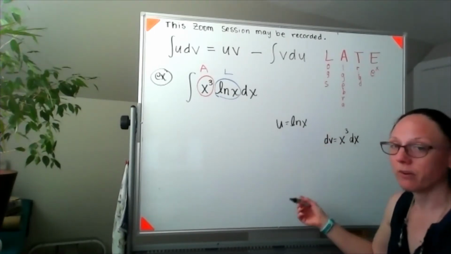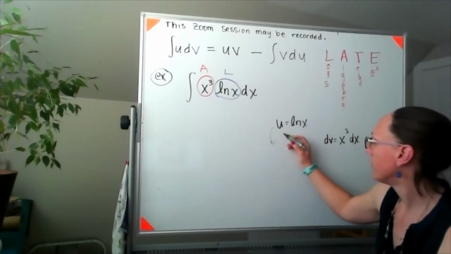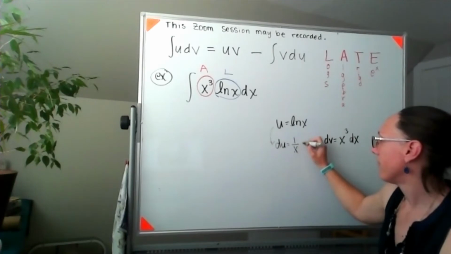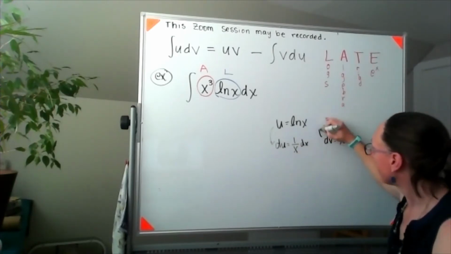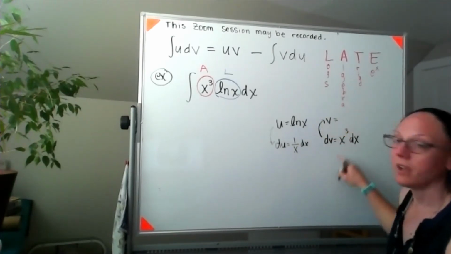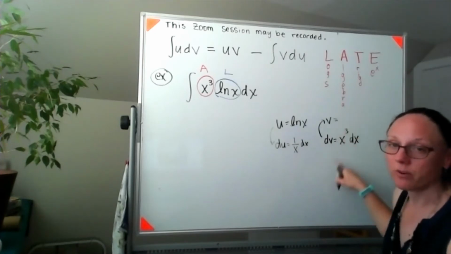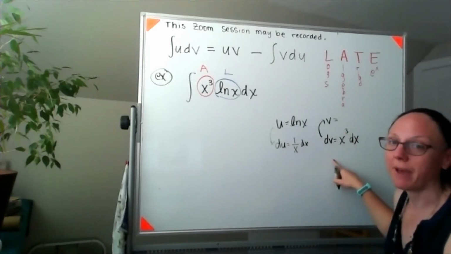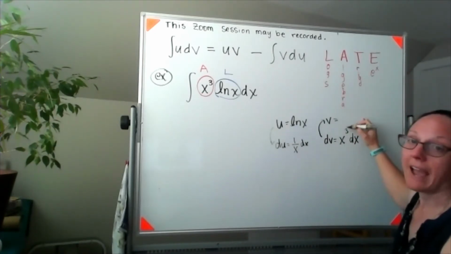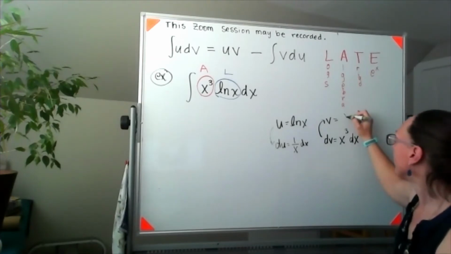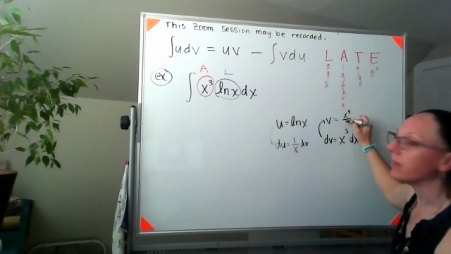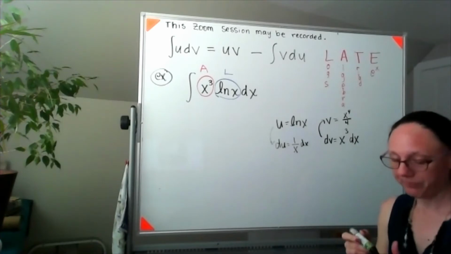So I'm going to take a derivative of u, and I'm going to take the antiderivative of dv to get v back. I'm going to add 1 to that exponent and divide by the new exponent.